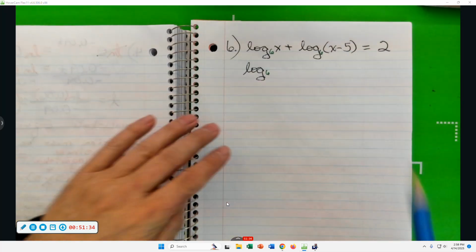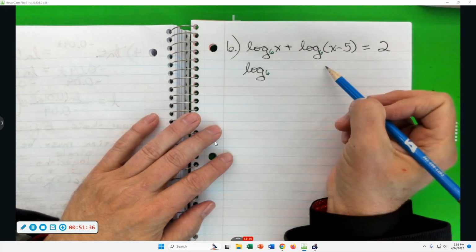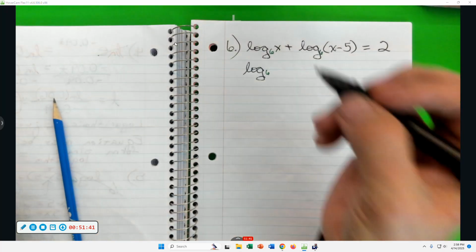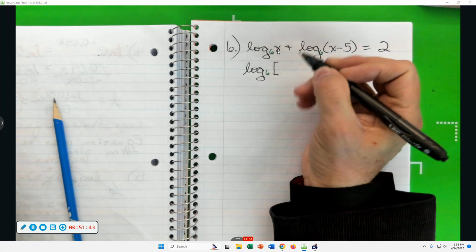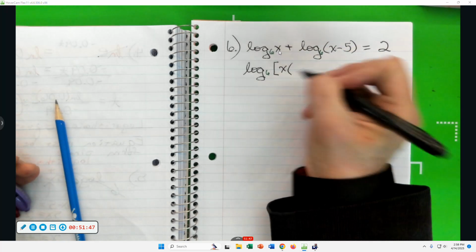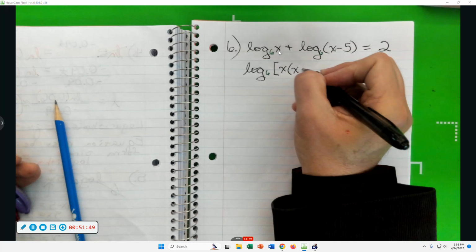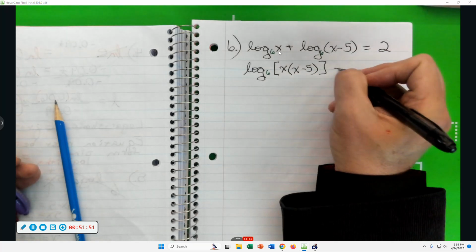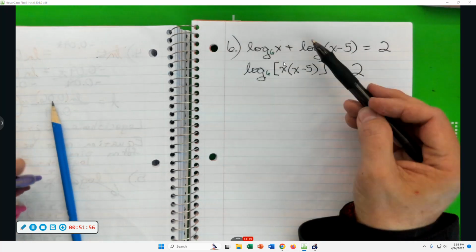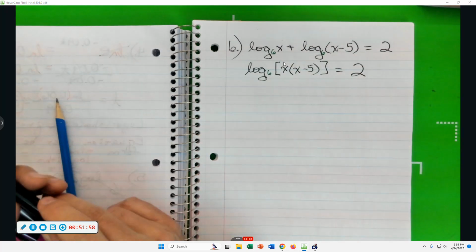Okay, so I asked, do we need a fraction bar? And y'all said no. So what does that mean we're going to do to these arguments? If you're not dividing, you have to multiply x times x minus 5. Notice there were no exponents to deal with, no coefficients to move up as exponents.